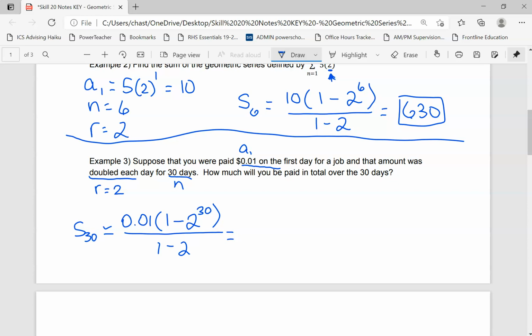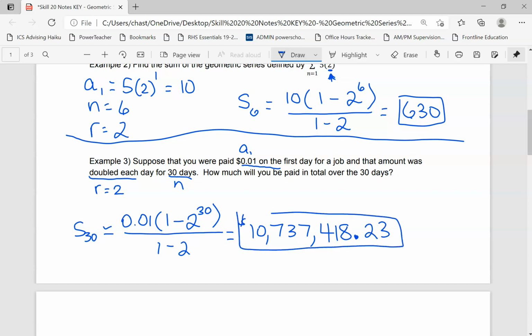And we're going to get a really large number: $10,737,418.23. That's a pretty good deal. I want that job.